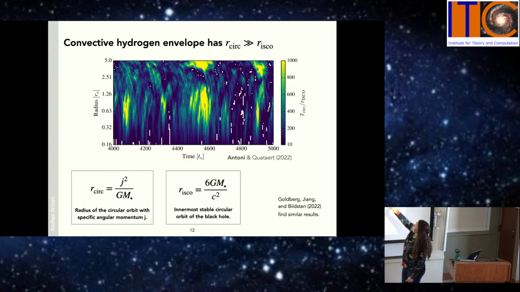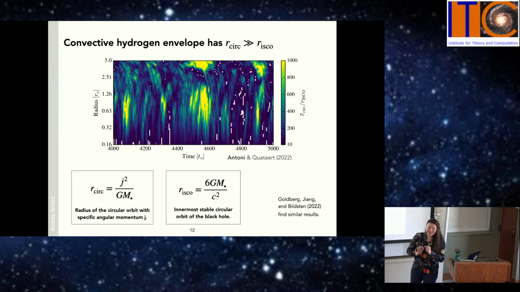Okay, but we're not normally used to thinking of the units of angular momentum, right? So what we want to compare to is the circularization radius associated with that angular momentum. At what radius will angular momentum become dynamically very important if you start with that specific J and conserve specific angular momentum as you fall in?